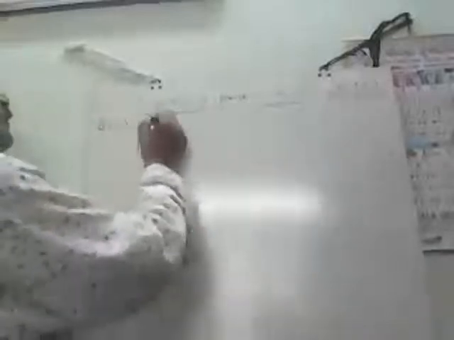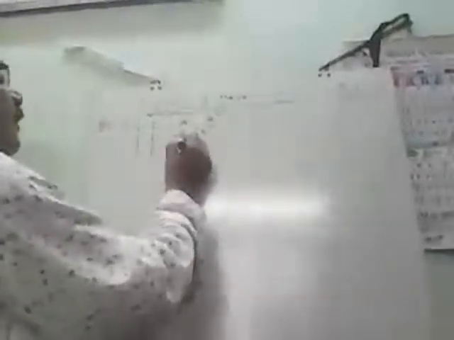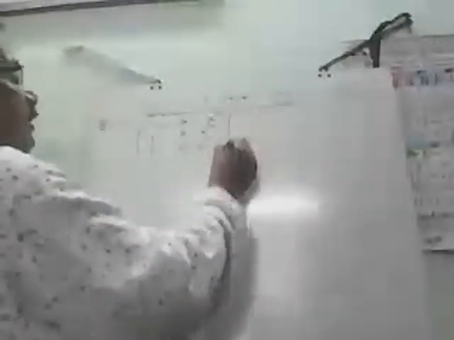Work out quickly. Question number 8, first bit: determinant with rows 1 a square, 1 b square, 1 c square.